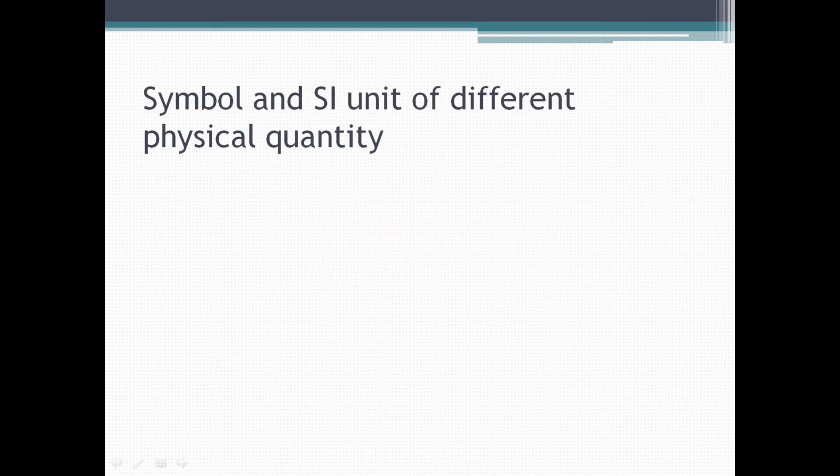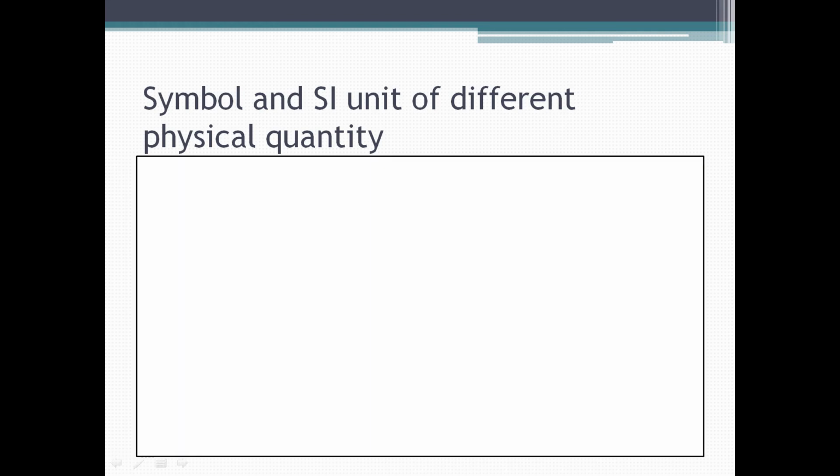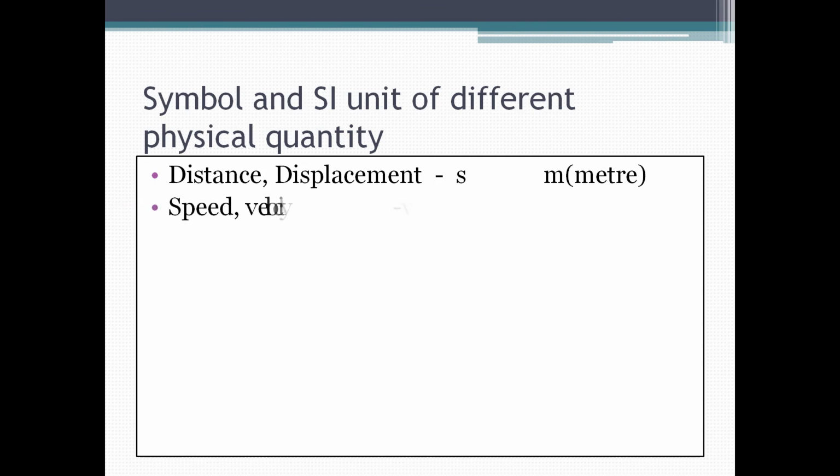Now we are going to discuss the symbol and SI unit of different physical quantities that we have learned in this chapter. First one, distance or displacement. It is denoted by s, derived from a Latin word spatium. Its SI unit is meter. Next, speed or velocity. It is denoted by v. The SI unit is meter per second.